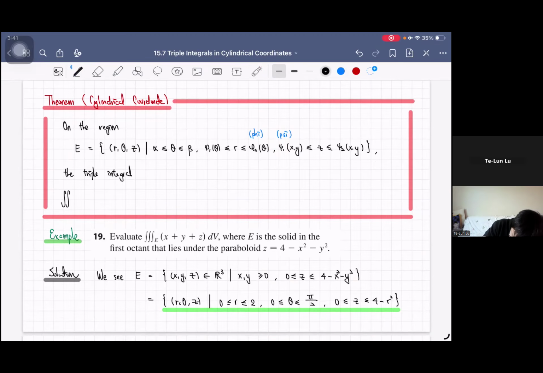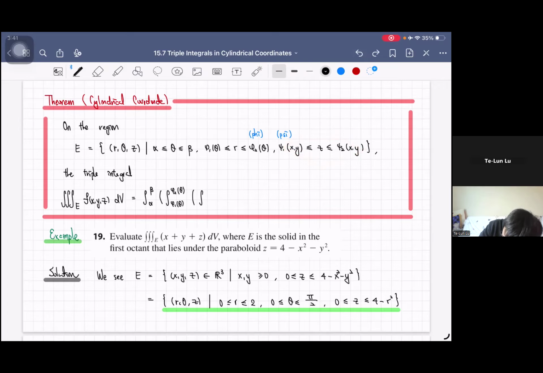The triple integral of some function over dV is given by, you always evaluate the constant boundary in the outermost integration. Then we have v1 theta and v2 theta as the boundary for r. And then don't forget to change your variables x and y into r cosine, r sine in the height boundary.